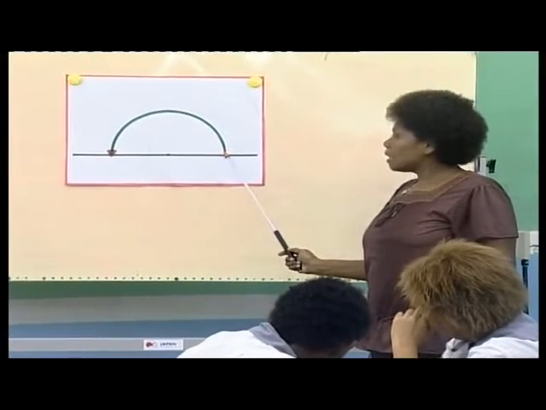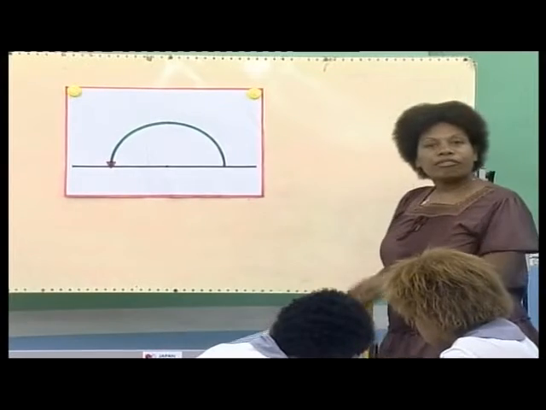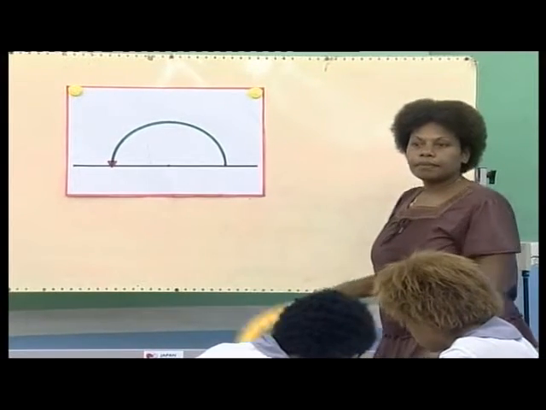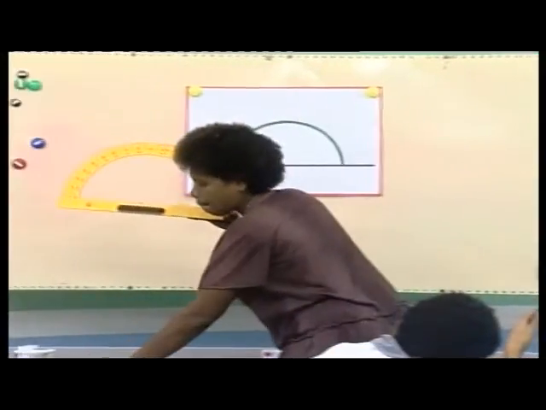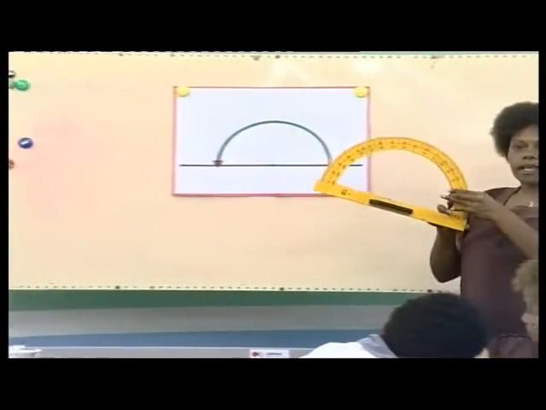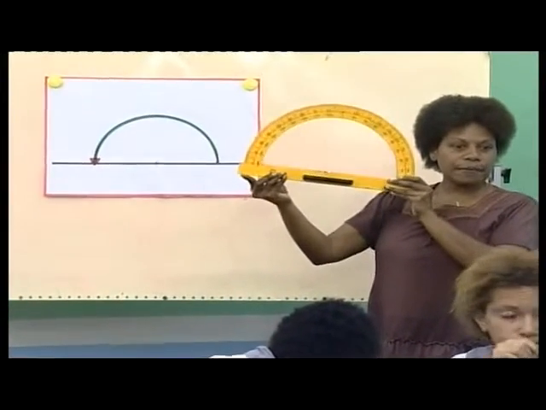So this is from here all the way to here. So what do we do, the first step, class? What do we do with our protractor? Anyone? Receiving students? What's the first step that we do?